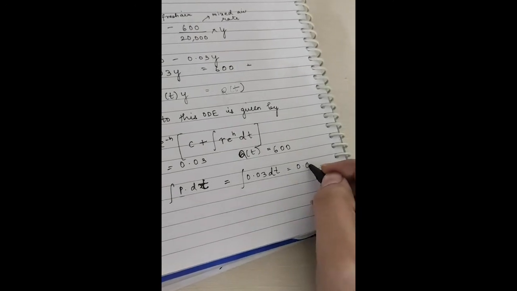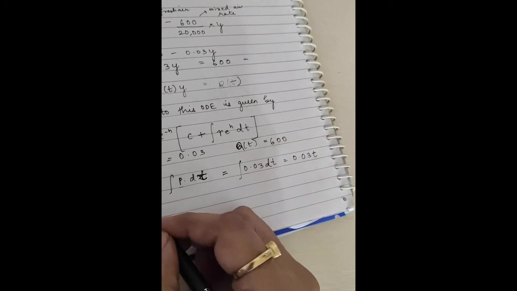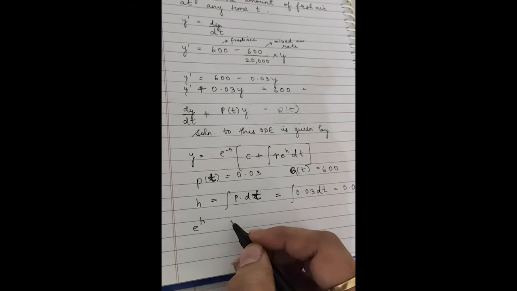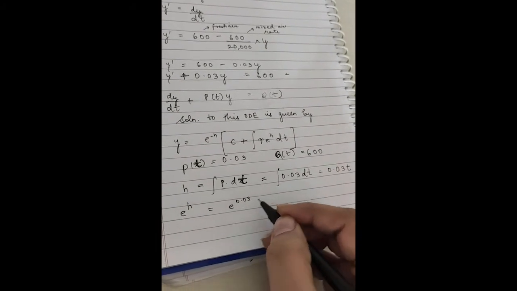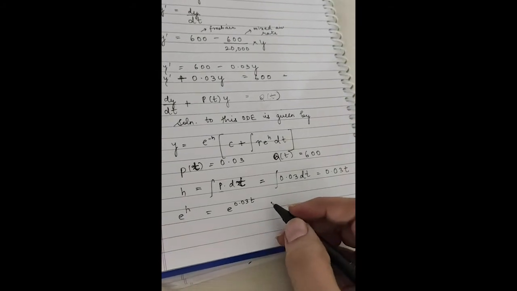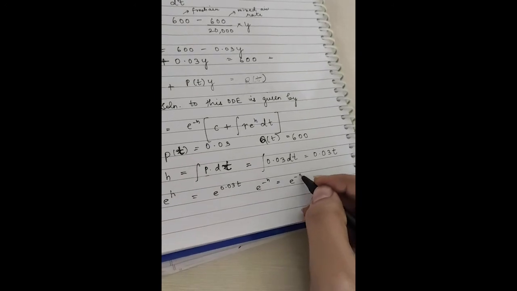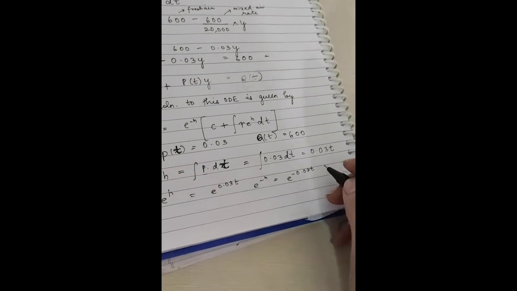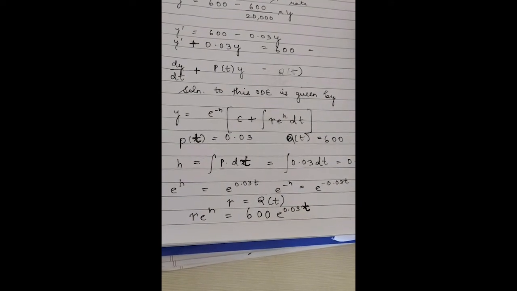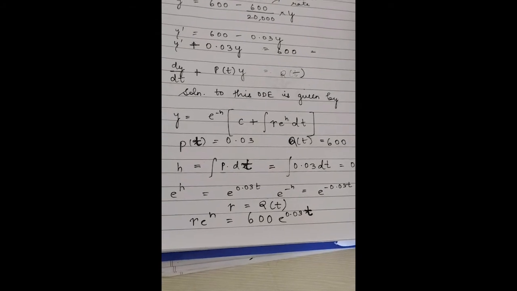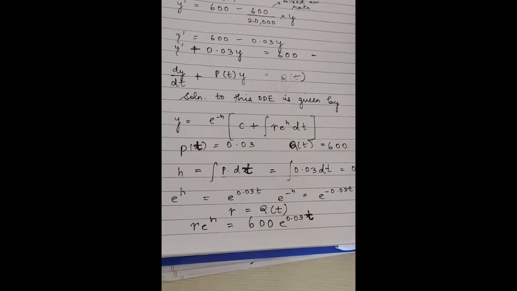So we have 0.03 t, that is h. So e raised to h is e raised to 0.03 t, and e raised to minus h is e raised to minus 0.03 t. In the above equation, r is q(t). So r e raised to h is equal to 600 e raised to 0.03 t.